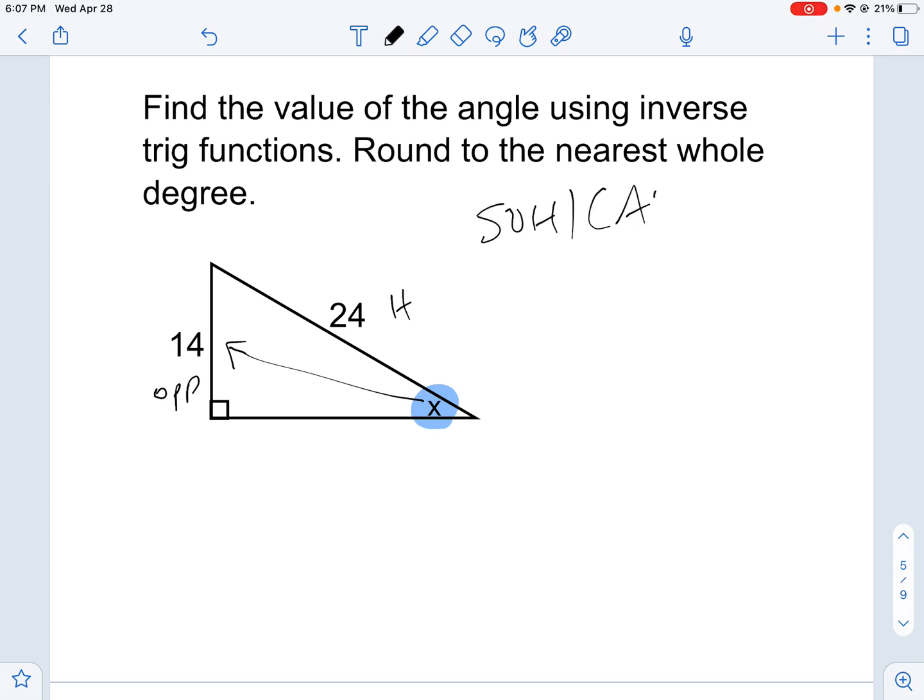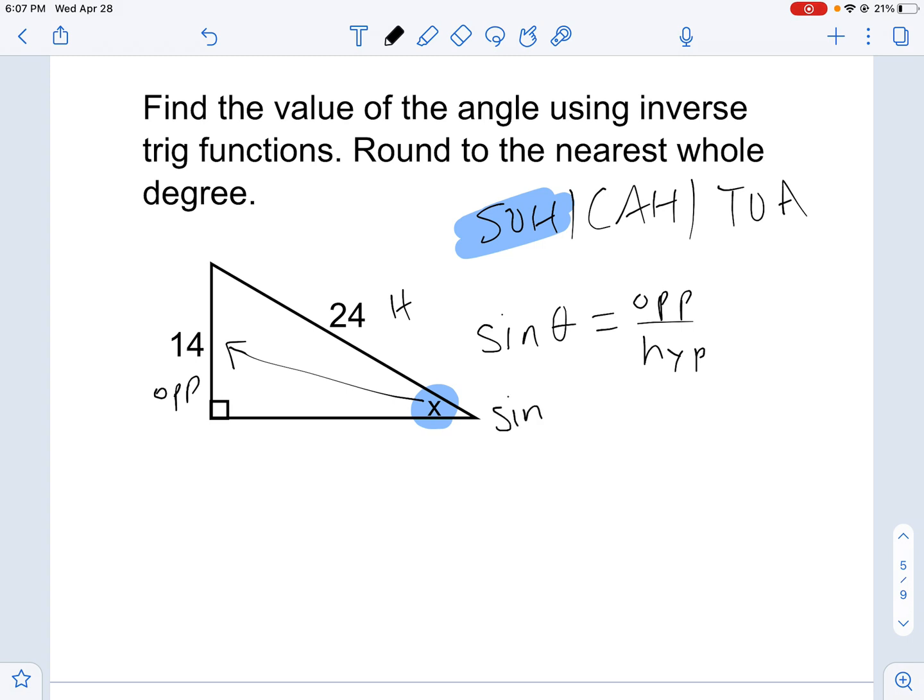Let's see, that's OH, so it's sine. So we go sine theta equals opposite over hypotenuse. Plug in what you know. Well, this time theta is x. Our opposite is 14, and our hypotenuse is 24.